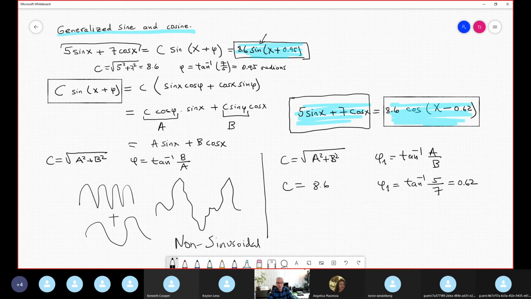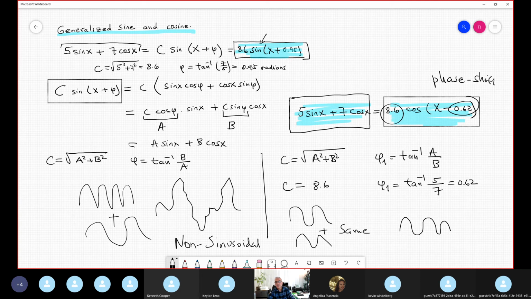However, when you add sine and sine of the same frequency, the answer you get is the same frequency, but with changed amplitude and changed phase shift, according to this mathematical law.